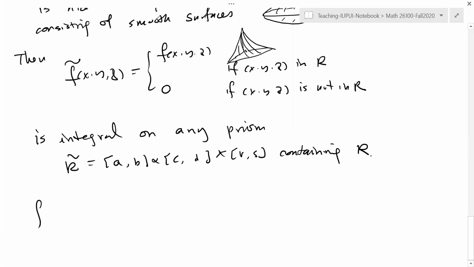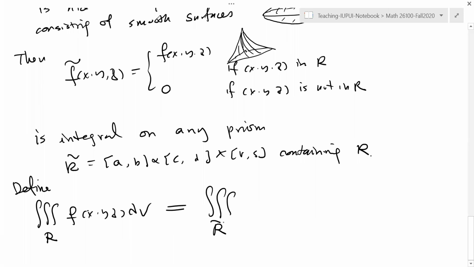So in other words, we define this triple integral to be the triple integral over this rectangular box containing that.